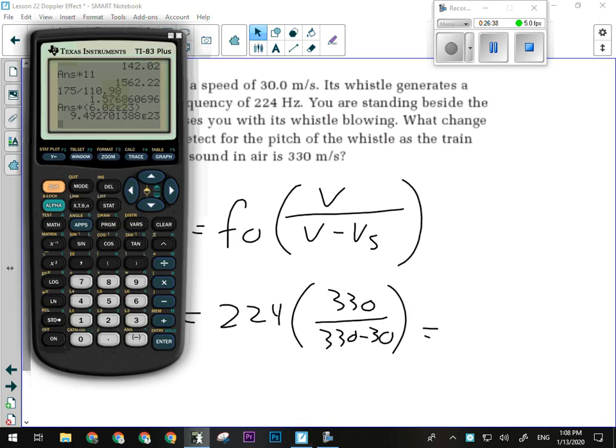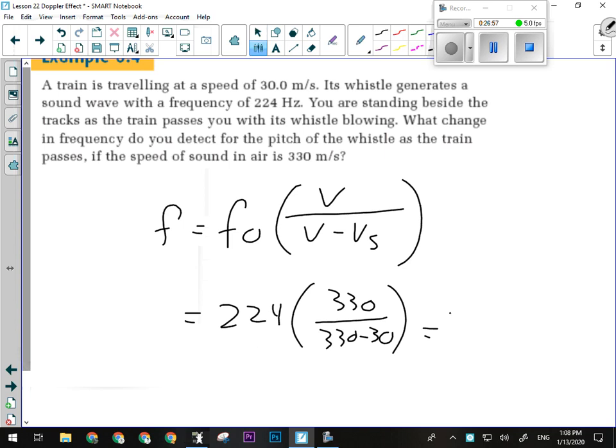So we're going to have 224 times 330 divided by 300. The frequency that we hear will be 246 hertz, which makes sense. It's higher than the original frequency, and that fits with the object approaching us.